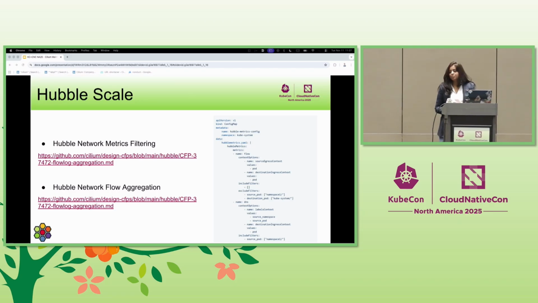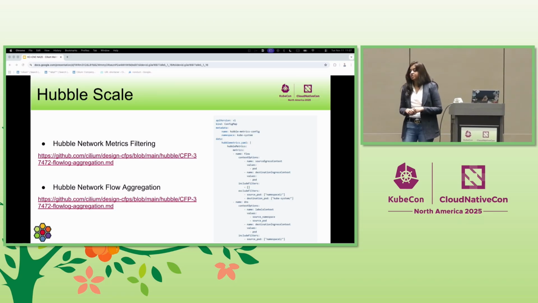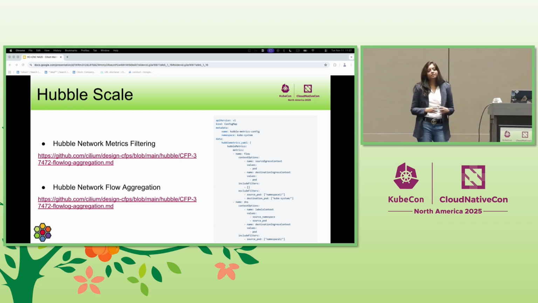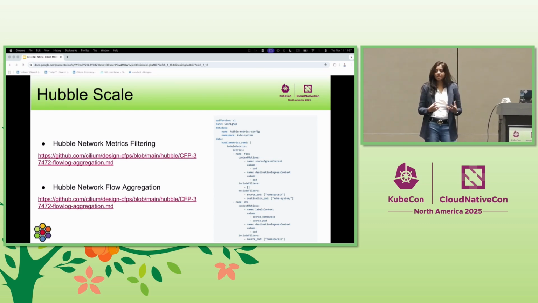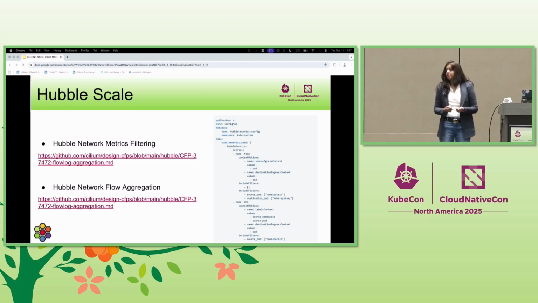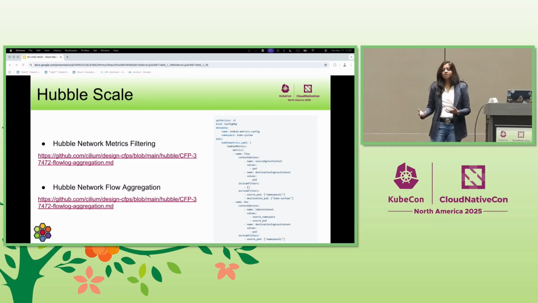The second aspect of what we did is network flow aggregation. Similar concept: today the Hubble CLI flows are an exhaustive list of flows, all the 5-tuple packets, all the packets which are ingress and egress into your pods. It's very useful during debugging, but again, when I'm putting it into my storage, I'm paying a lot of cost.